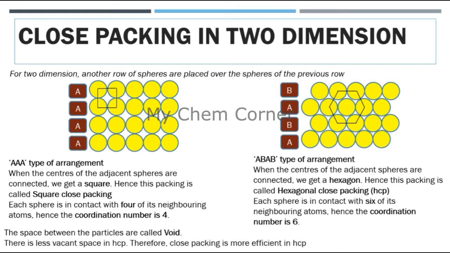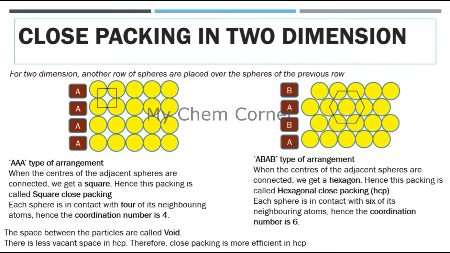Now this particular space is less in a hexagonal close packing. Therefore, close packing is more efficient in hexagonal type. What do you mean by more efficient? When we have a solid, when we say that these are closely packed and tightly packed, we need to say that the space between these atoms should be very less.